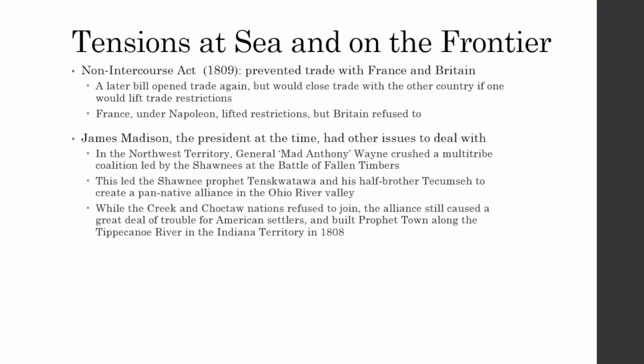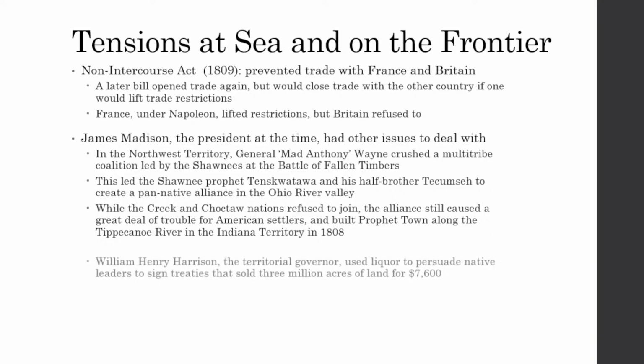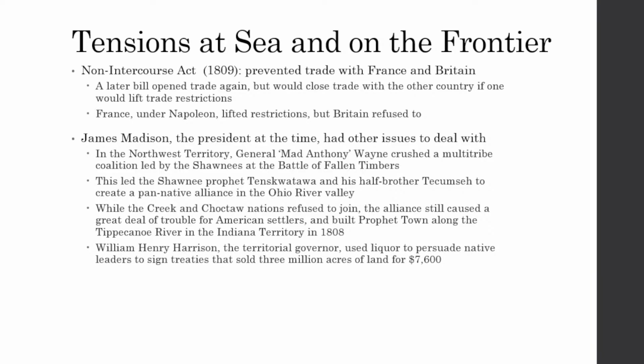They built Prophet Town along the Tippecanoe River. William Henry Harrison went in, got a bunch of the native leaders drunk, and had them sign over 3 million acres of land for $7,600, which is basically just stealing land. You get people drunk and have them sign a piece of paper just basically giving you their stuff.